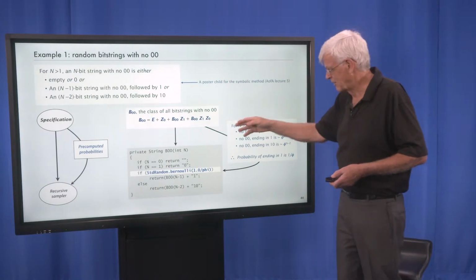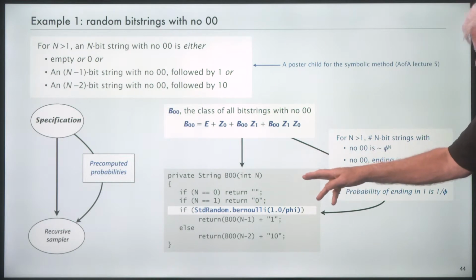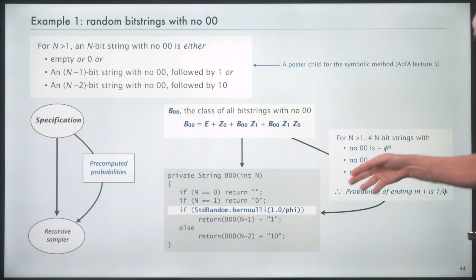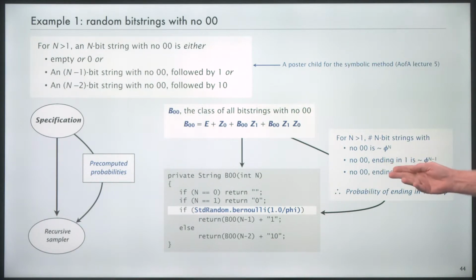If our length is 0, we return the empty string. If our length is 1, we return 0. Otherwise, we do a Bernoulli random test, a coin flip with probability 1 over phi. If we get heads, then we generate the string of size n minus 1 and add a 1.